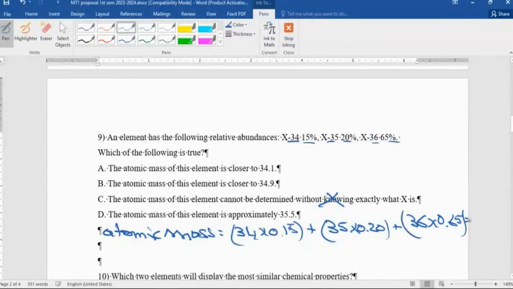Equal, this is the average. Why? Because he gave me percent 100.